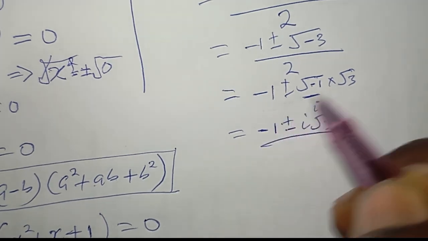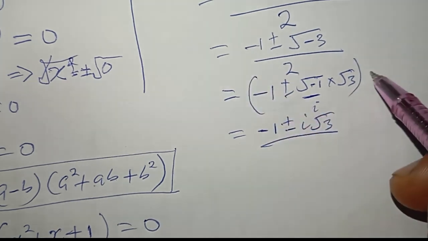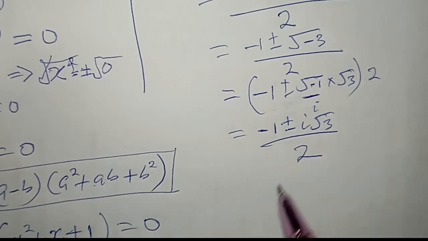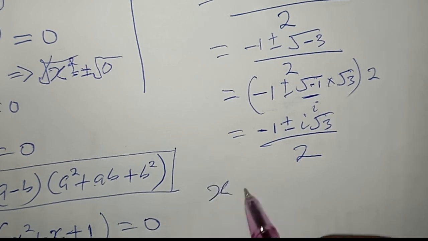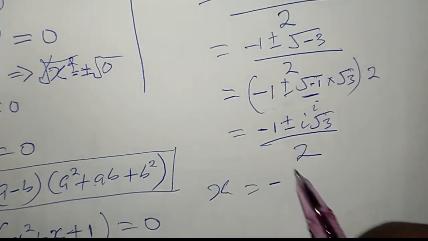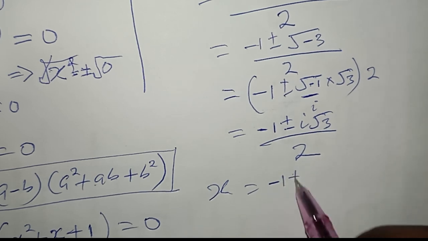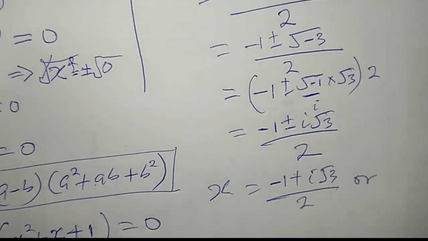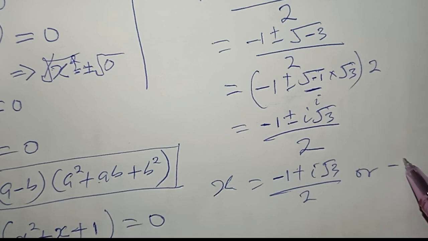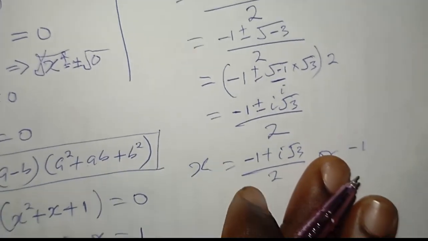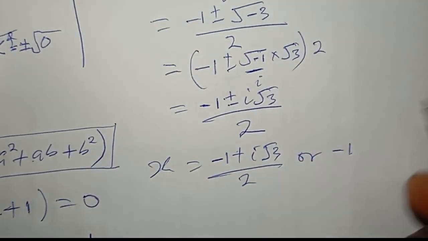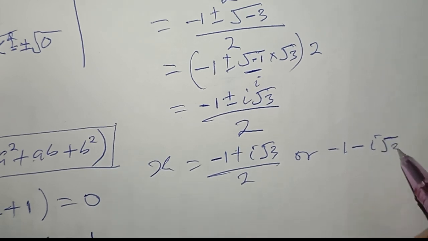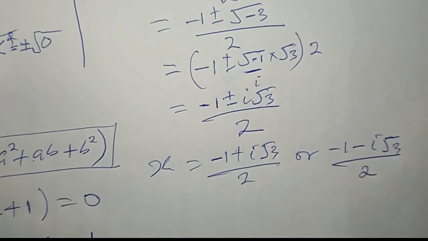Sorry, this is the order of these, divided by 2. So we have divided by 2 right here. So which implies that finally my x4 here is minus 1 plus i root 3 divided by 2, or minus 1 minus i root 3 divided by 2.